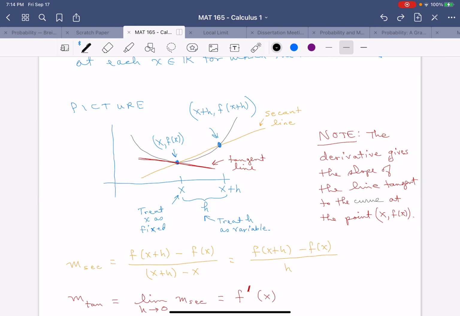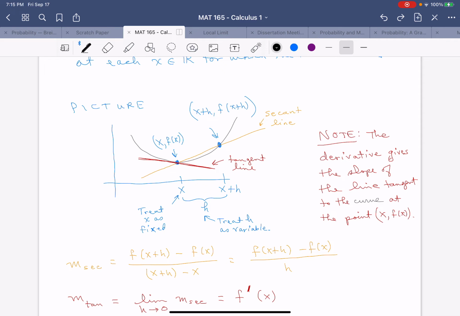So just an interpretation of that definition. Here again, x we're going to treat as fixed. And then we're also looking at x plus h. And h here is any real number. It could be negative, but we'll just think of it as positive. So we have x plus h.